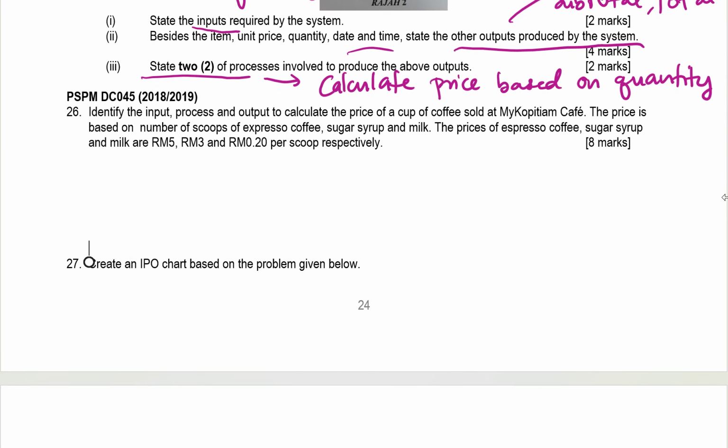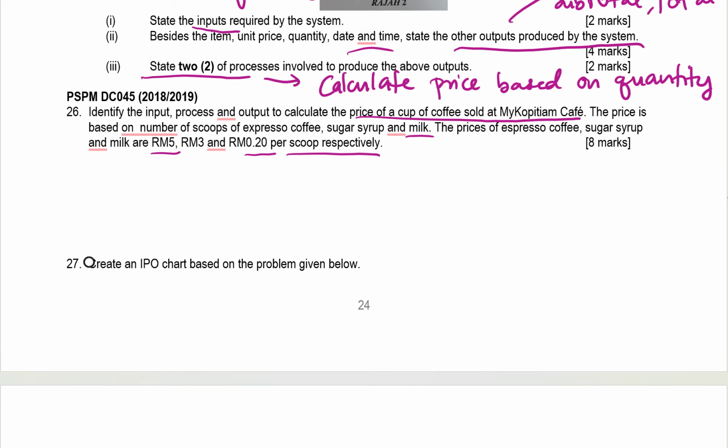Question number 27. Identify the input, process and output to calculate the price of a cup of coffee sold at My Kopitiam Cafe. The price is based on number of scoop of espresso coffee, sugar syrup and milk. The prices of espresso coffee, sugar syrup and milk are RM5, RM3 and 20 cents per scoop respectively. Now what is the control structure for this question? Is it selection, sequence or repetition?